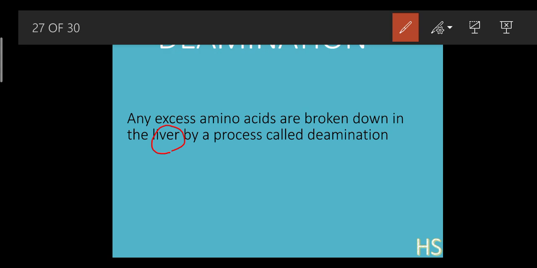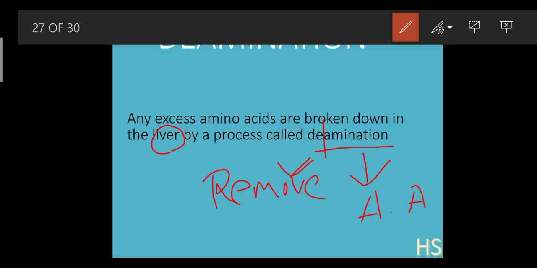So this excessive amount of amino acids gets broken down. This process is called deamination. De means what? Remove or breakdown. And amine means breaking down of the amino acids. So what exactly happens?